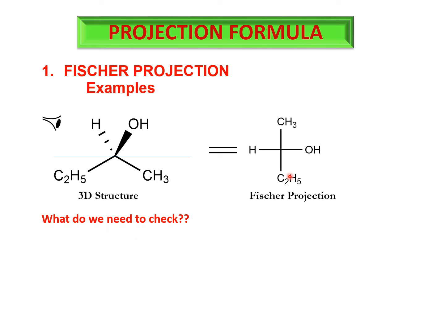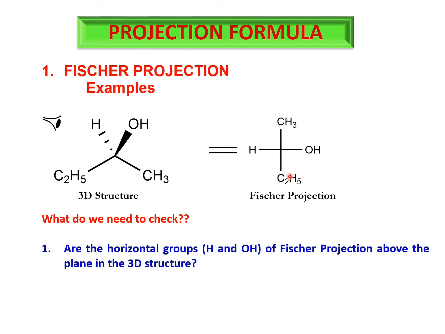So what we actually need to check. You already know that anything on the horizontal axis means it is above the plane. So that is the rule, the hard and fast rule. So from the Fischer projection, now you know that H and OH, because they are drawn on the horizontal axis, are above the plane.